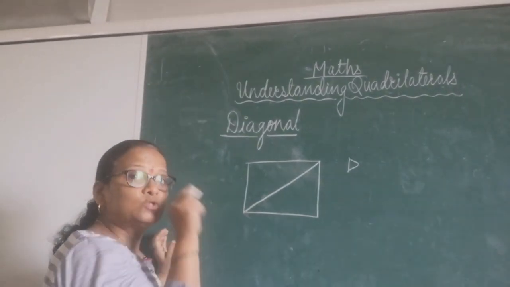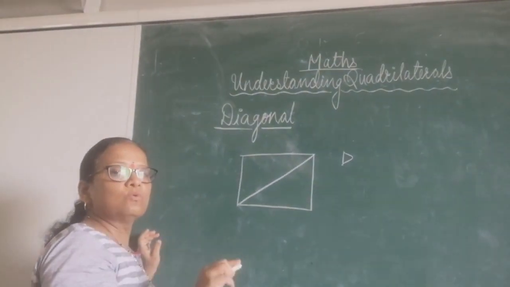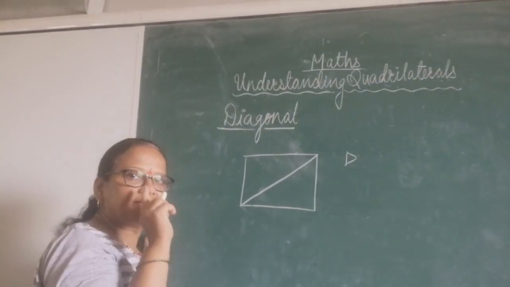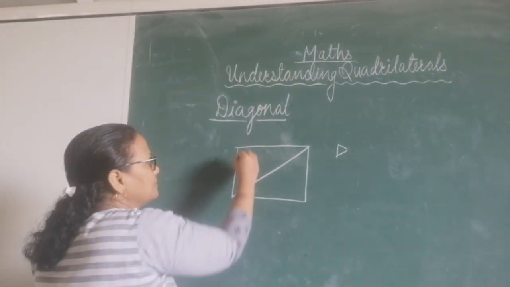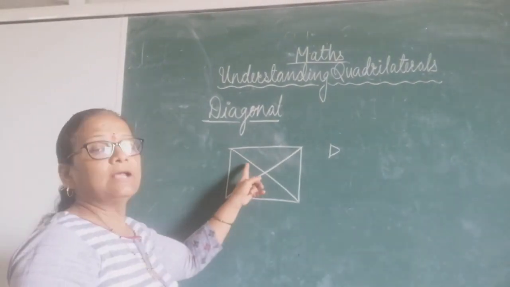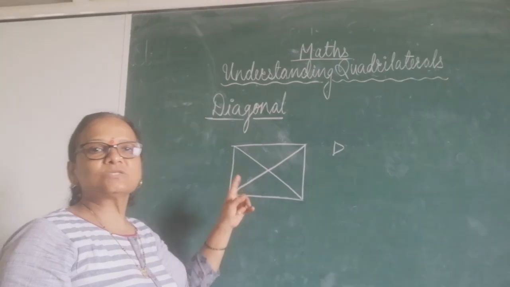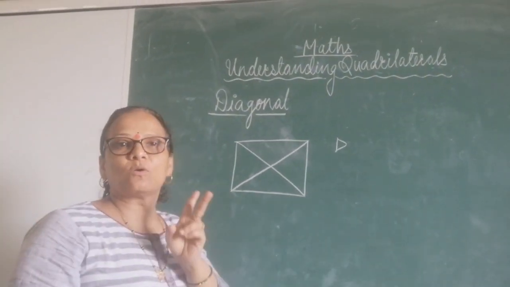The line segment which joins two non-consecutive or non-adjacent vertices is called the diagonal. Here, these two are non-consecutive and these two are non-consecutive. So we can say that in a rectangle or a square, meaning any quadrilateral, there are two diagonals.